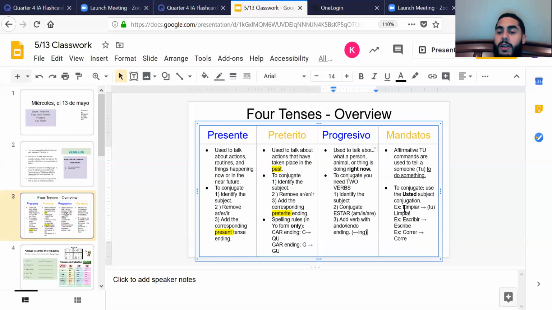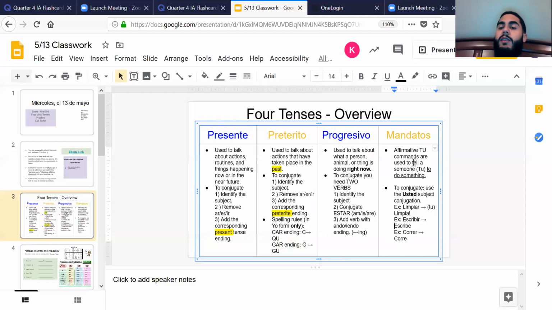So for example, limpiar, if I want to tell you to clean, like, hey, clean, I would say limpia. Same thing for escribir. If I wanted to say, hey, write, it would be escribe. All right? Same thing for correr, corre.